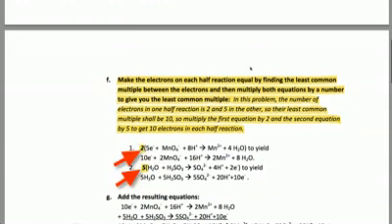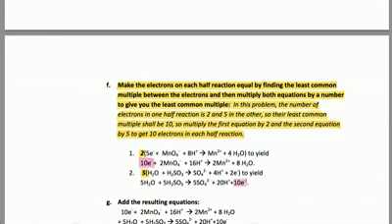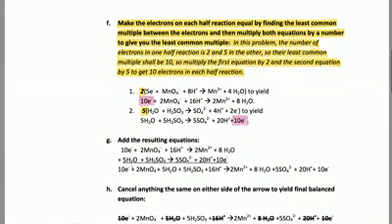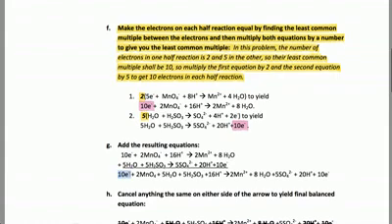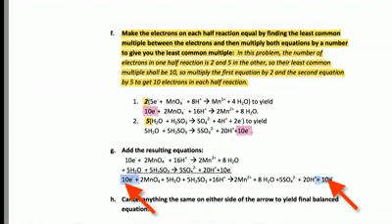Now the electrons should be the same. If you look, see how we have 10 electrons there, 10 electrons there. So now you can add the two resulting equations to get an equation that is going to have the same number of electrons on the left and the right there. Those will cancel.